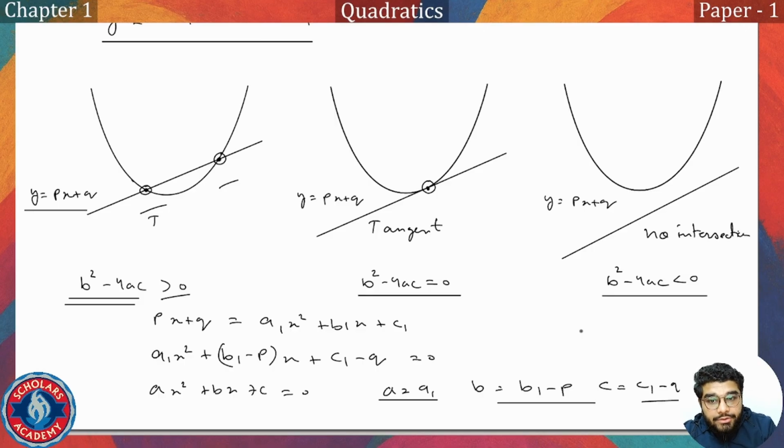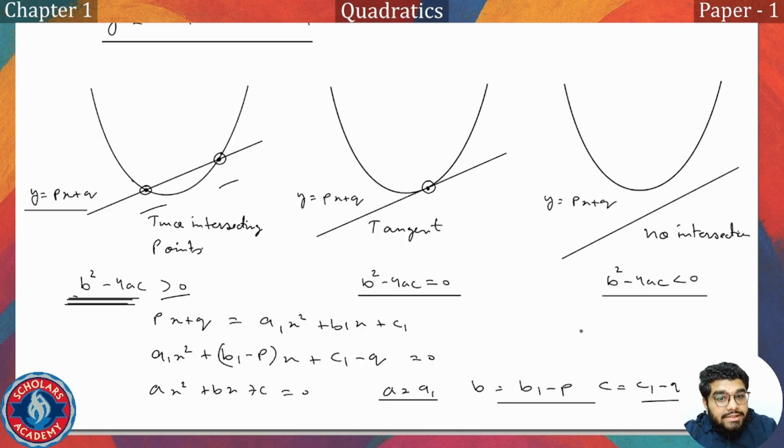Here we have two intersecting points, right? So for finding two intersecting points, when the line and the curve are intersecting each other, for verification we'll check whether the discriminant is greater than 0 or not.